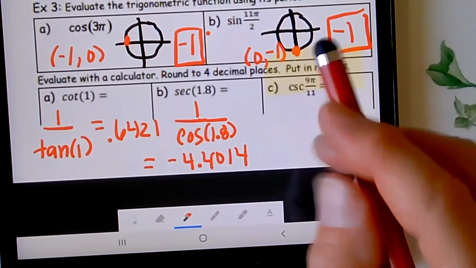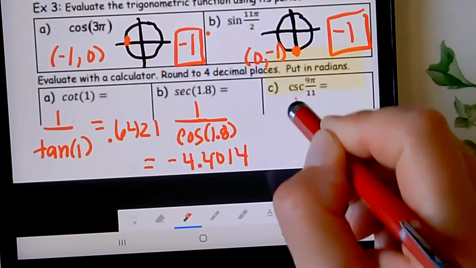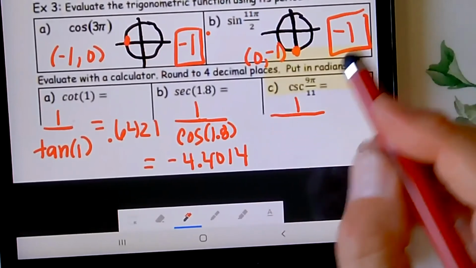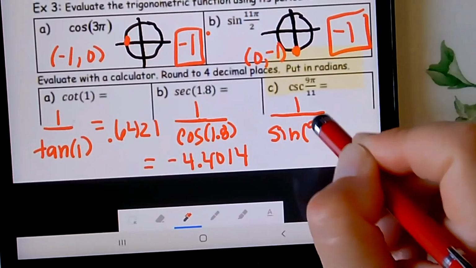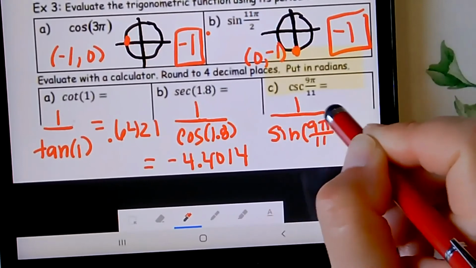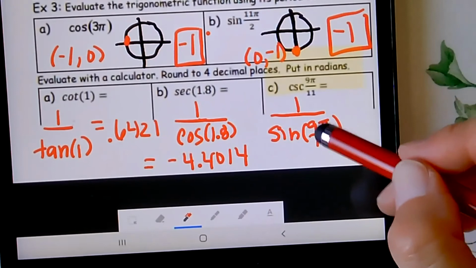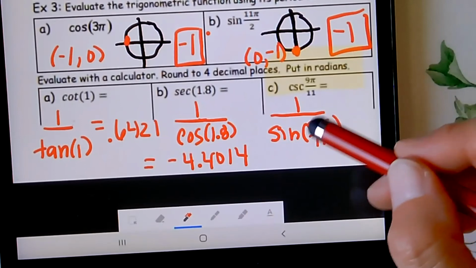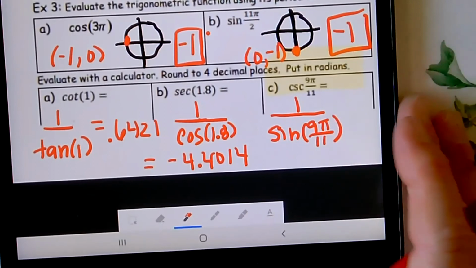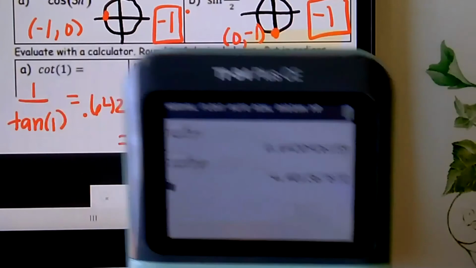Cosecant, C doesn't go with C, so this is going to be sine. For this one, again, I'm going to enter it using my fractions, but I really have to be careful with this 9 pi over 11. You can't go 9 pi divided by 11. It's 9 pi in parentheses divided by 11. So I'm going to use my fraction button twice.